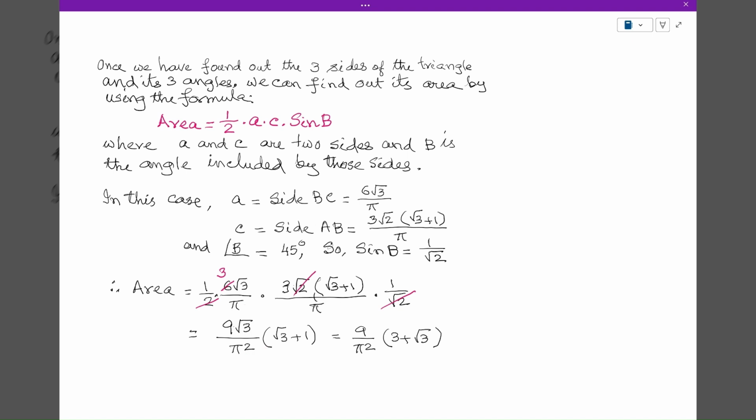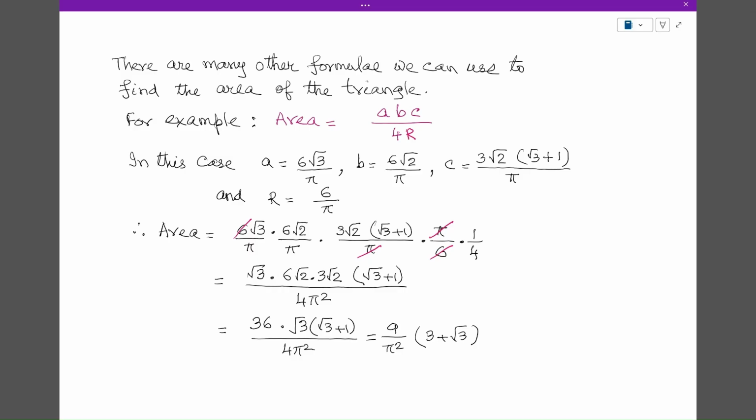Now if you take this root 3 into the parenthesis, we get area is equal to 9 divided by pi square multiplied by root 3 into root 3 is equal to 3. Root 3 multiplied by 1 is equal to square root of 3. So you get area is equal to 9 by pi square multiplied by 3 plus square root of 3.